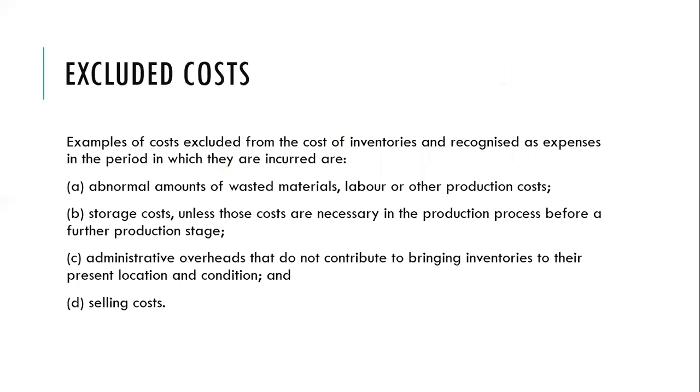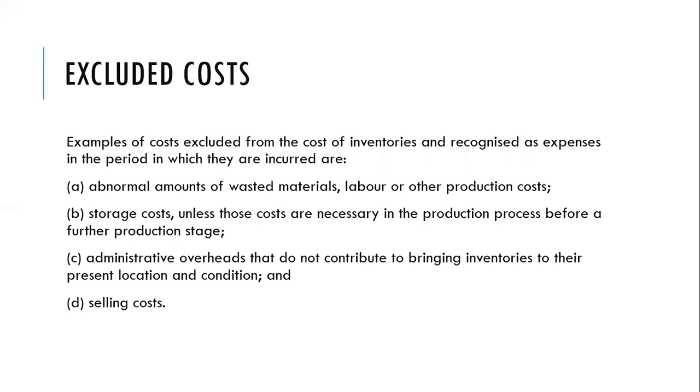Now, excluded costs. Examples of costs excluded from the cost of inventories and recognized as expenses in the period in which they are incurred: abnormal amounts of wasted materials, labor, or other production costs. Of course, in costing, we have normal loss and abnormal loss. You cannot factor abnormal wastages into the cost of the inventory; you have to expense it.